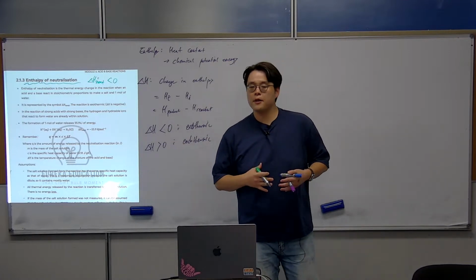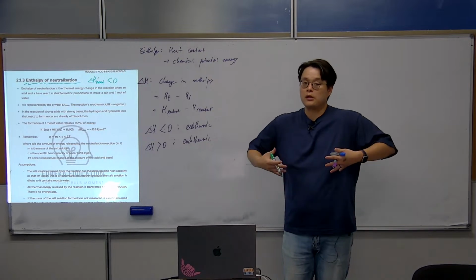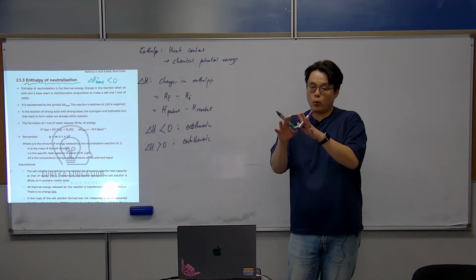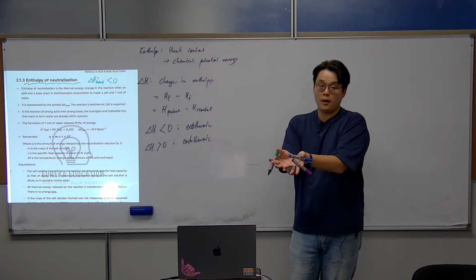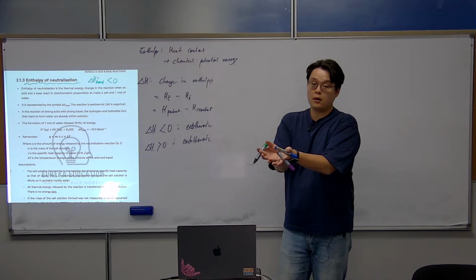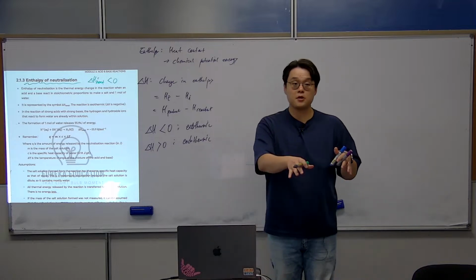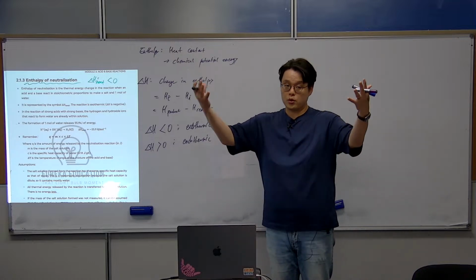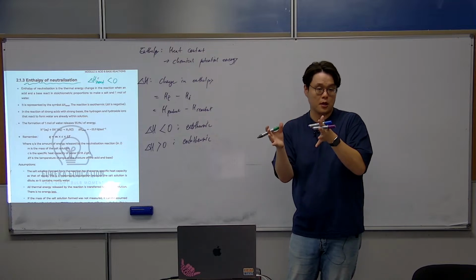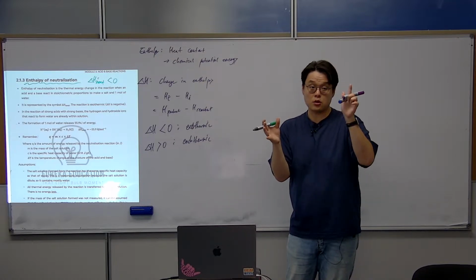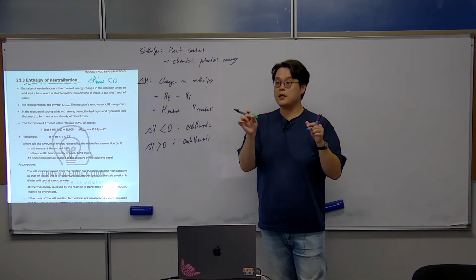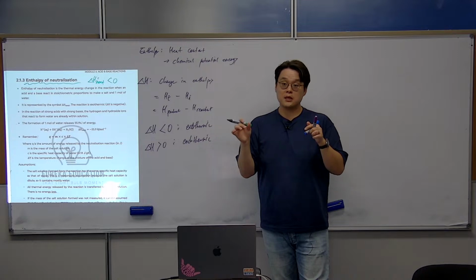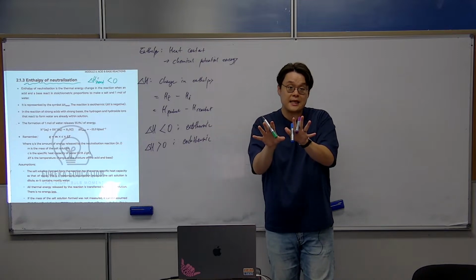Then what would be the consequence of this system releasing heat if we have water? Think about combustion: heat is released and the water receives it. What happens to the water temperature? It rises too. So the clear sign of an exothermic reaction is that we can feel and sense the heat.